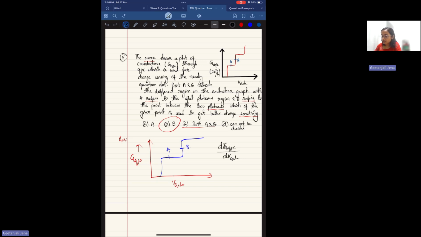So if you plot this variation of conductance, we'll see a peak around point B. That means around this point, you can use it for sensing the charge. Okay. So the answer is option B.